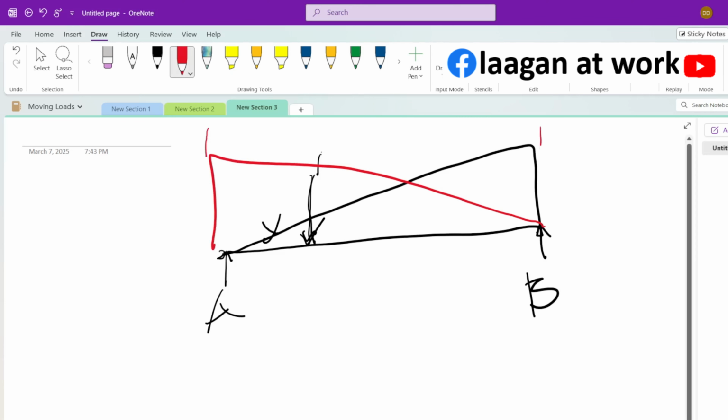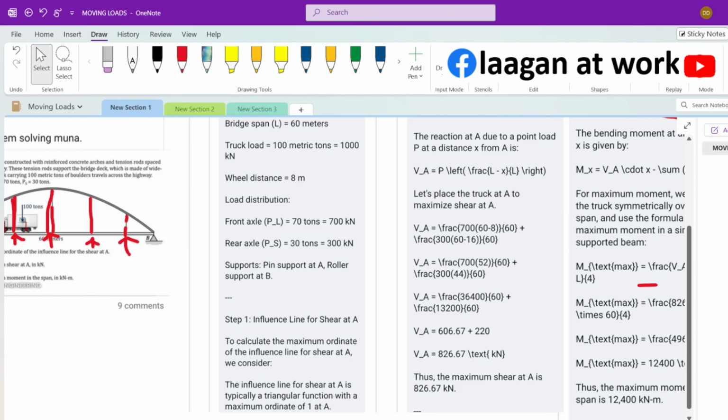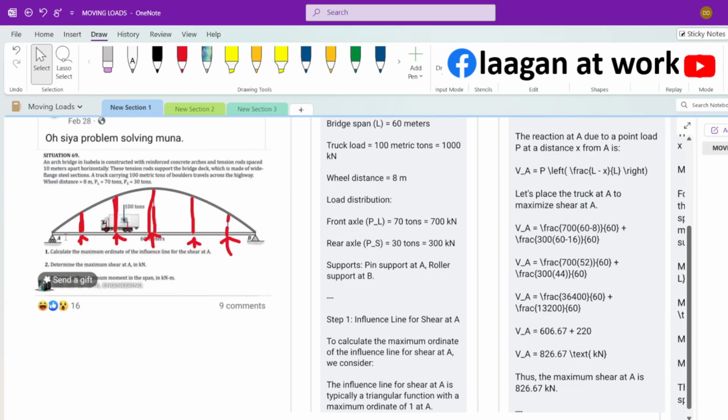The highest would be the maximum ordinate at either A or B. Although in the loading the truck is in the direction going to A, when you design something like this, you always analyze the worst case condition.